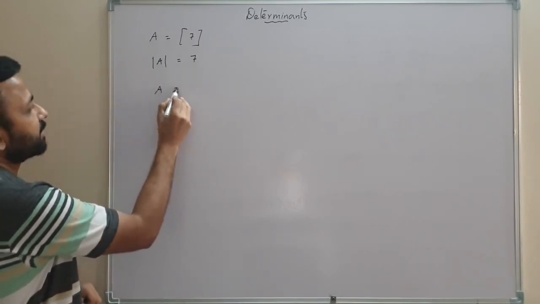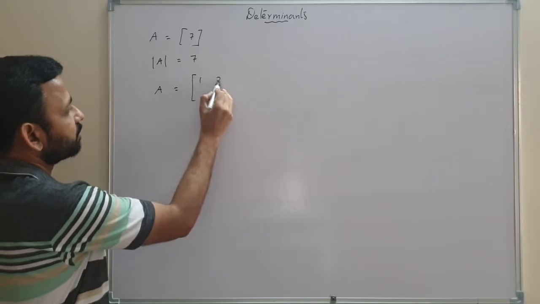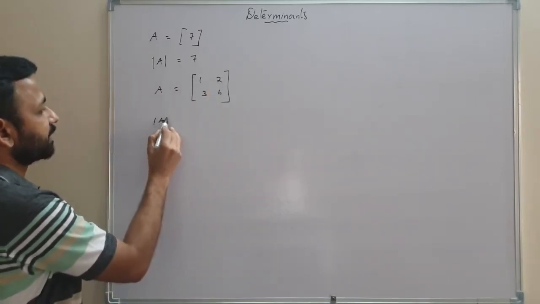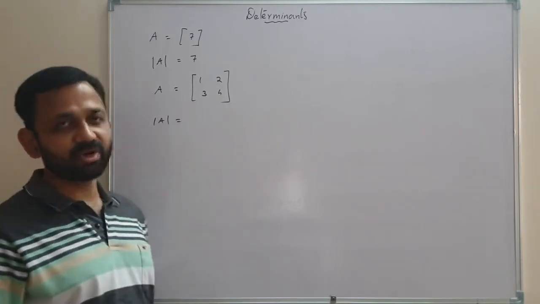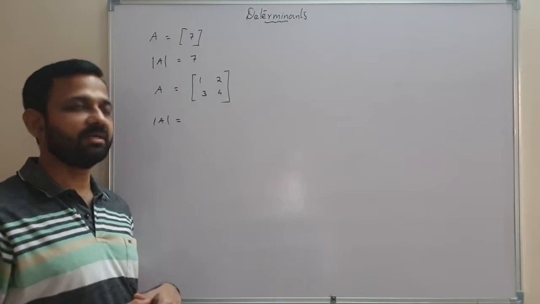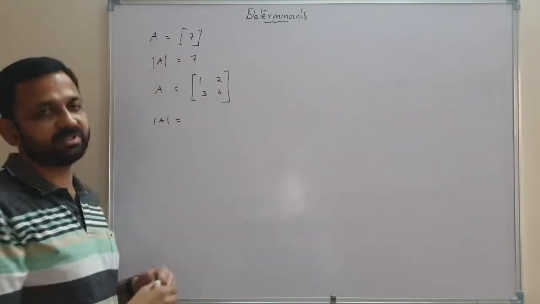Then, the determinant of a matrix of order 2: 1, 2, 3, 4. This is a square matrix of order 2. When we find the determinant, we need to find the product of the elements in the diagonal first.